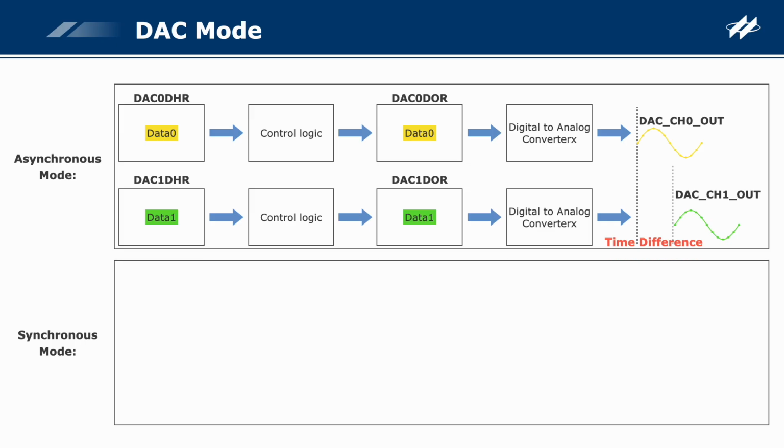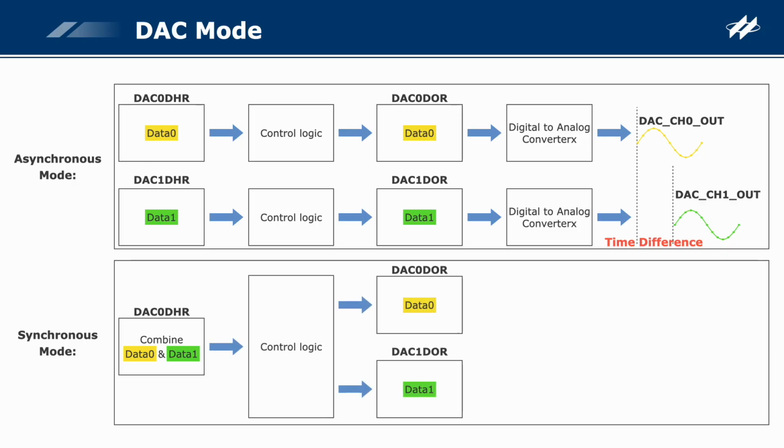If we want DAC 0 OUT to generate a signal at the same time as the DAC 1 OUT, we need to use the synchronization mode mentioned below. We will combine a data 0 and a data 1 and write them into the DAC 0 DHR register. The data will be split into the DAC 0 DOR and DAC 1 DOR registers by control logic.